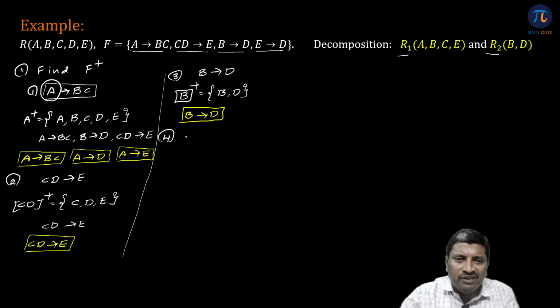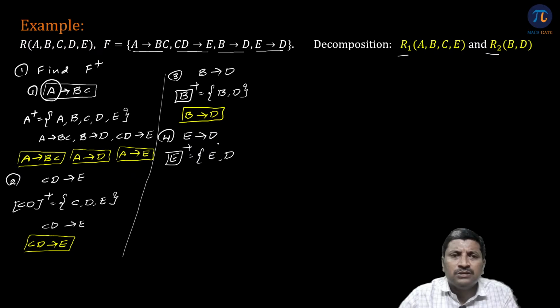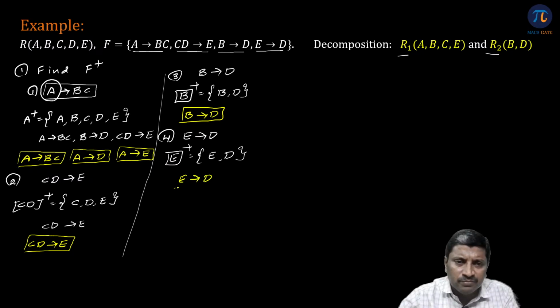The fourth FD is E implies D. What is the closure of E? With E, I can get E. With E, I can get D. Then nothing is possible. So that means the only FD is E implies D. That's it.